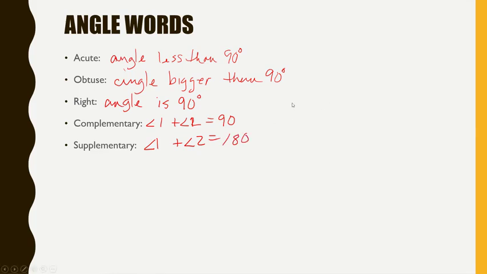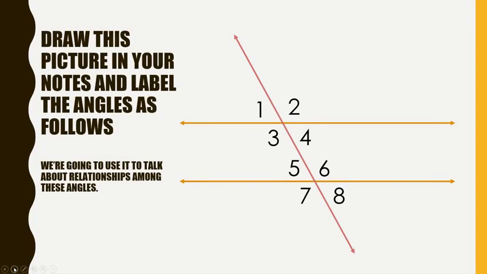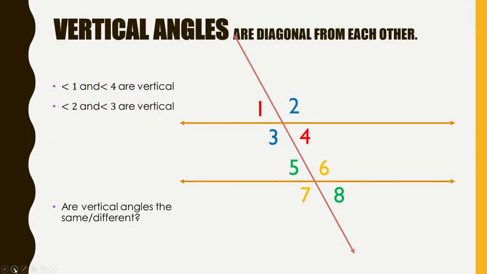Okay, draw this picture in your notes and label the angles 1, 2, 3, 4, 5, 6, 7, 8. We're going to use it to talk about relationships amongst angles. Angle 1 and angle 4, we call those vertical angles.